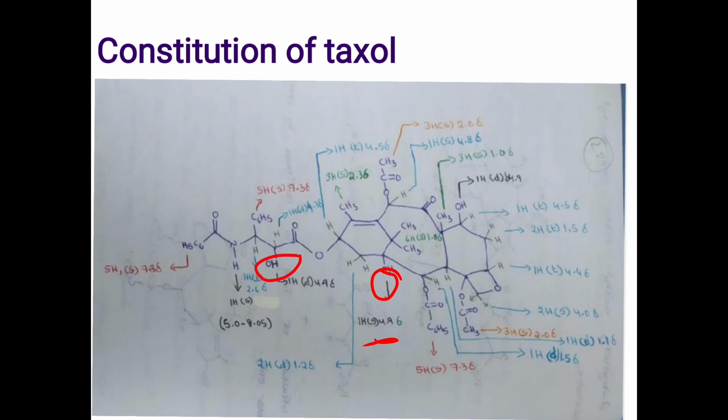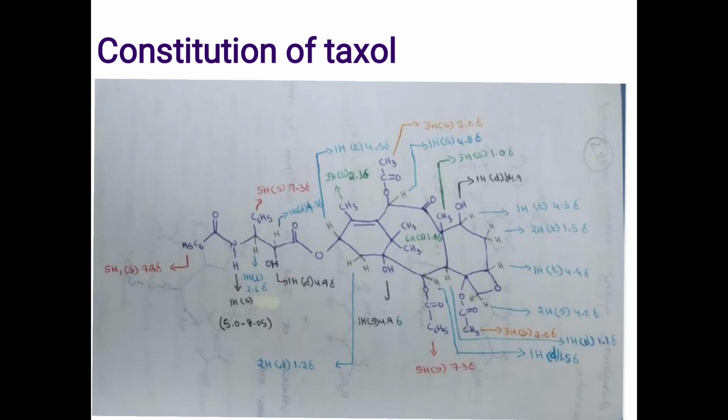And this hydroxy group shows a doublet at 4.9 delta because it has one proton on the adjacent atom.